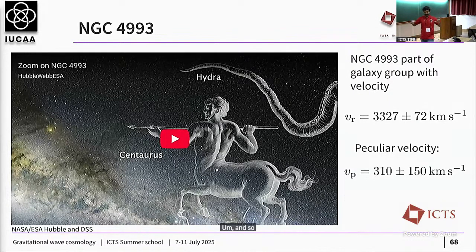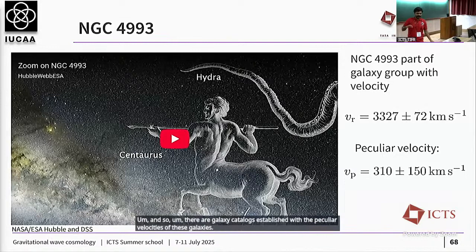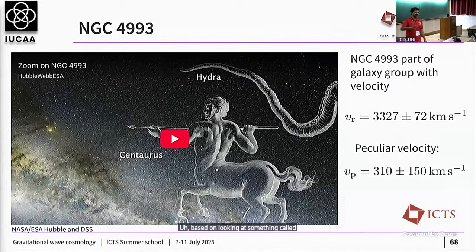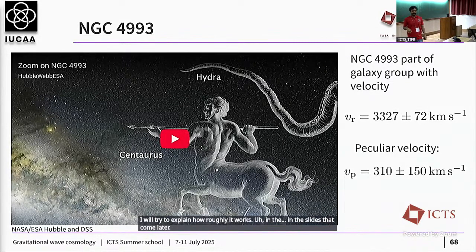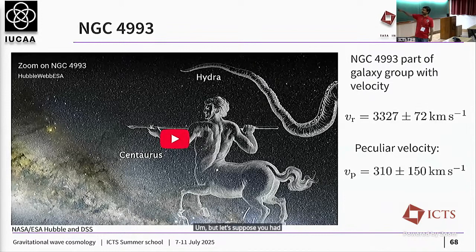There are galaxy catalogs established with the peculiar velocities of these galaxies based on looking at something called the fundamental plane of galaxies. I will try to explain how roughly it works in the slides that come later. But let's suppose you had these peculiar velocities.